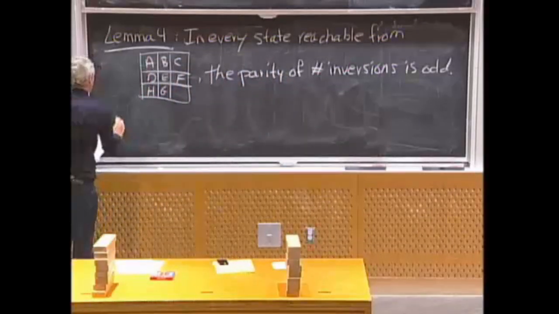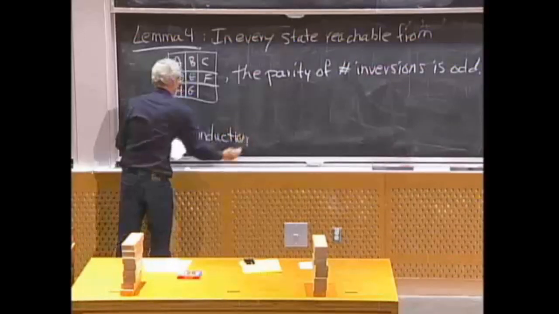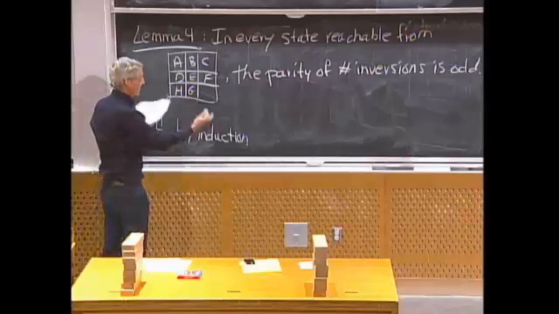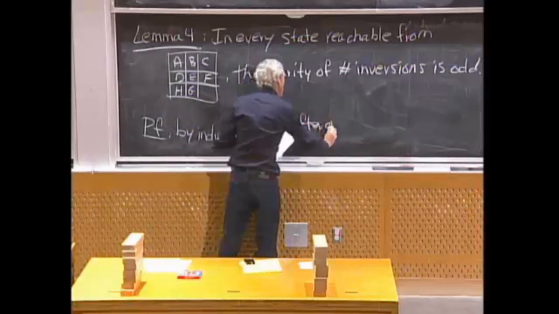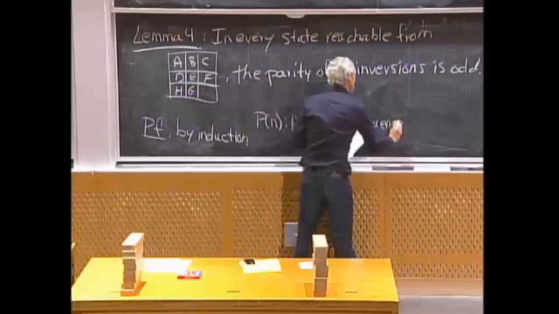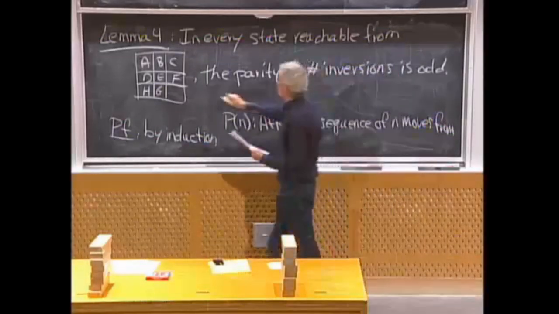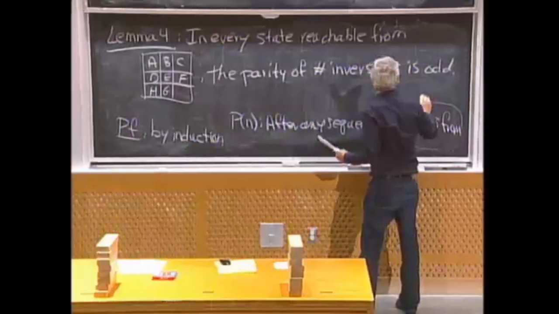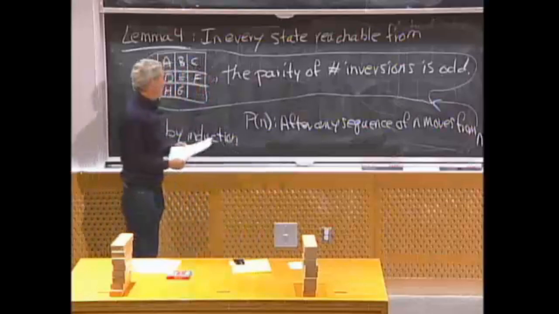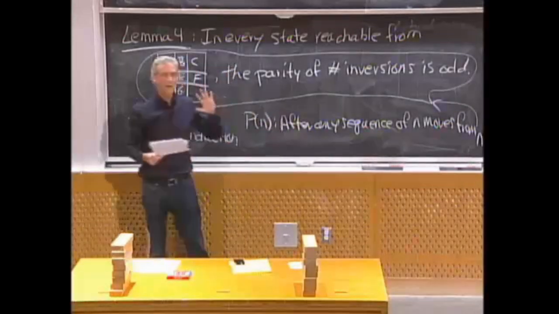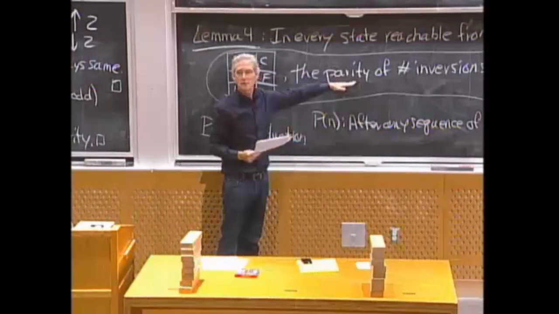All right, and the proof will be by induction. And invariant proofs are always by induction. And the inductive hypothesis, and this is very typical in a proof using invariance, is P of n: after any sequence of n moves from the start state, the parity of the number of inversions is odd.